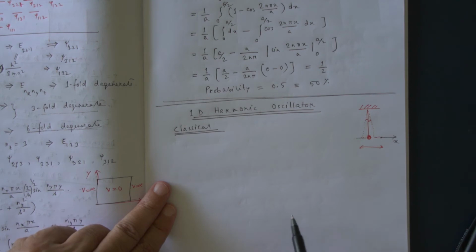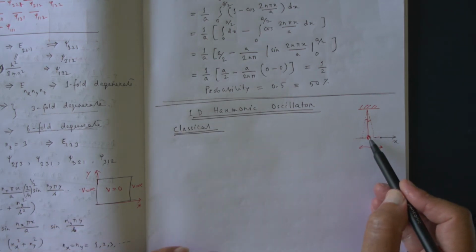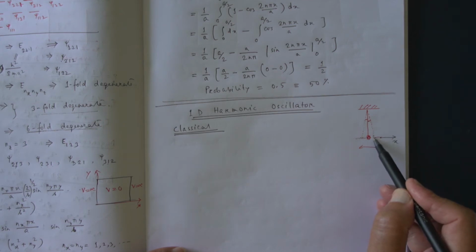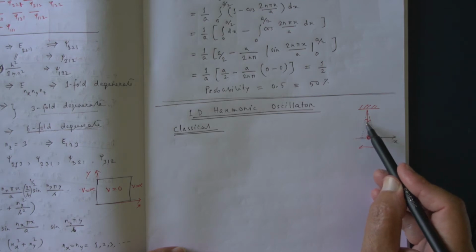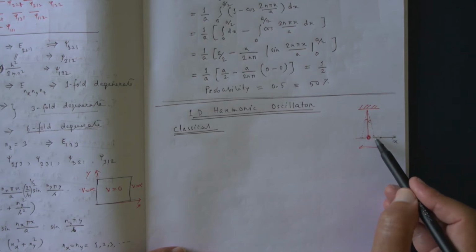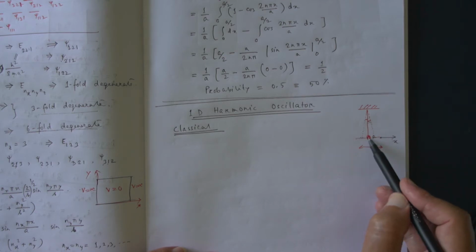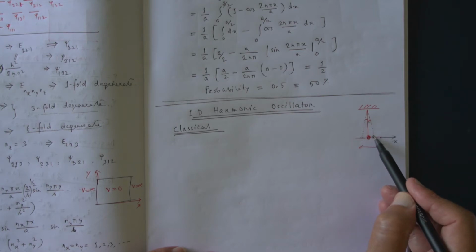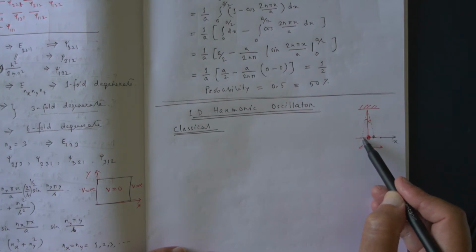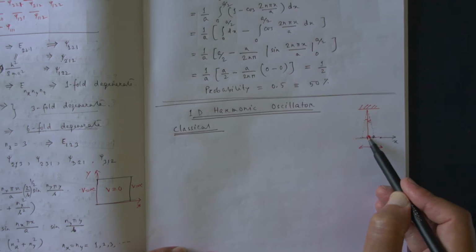Now here you see, when the oscillator comes to the amplitude, at 4 degrees, the kinetic energy is 0 and the potential energy is maximum, because it comes like this, then stops here, then comes back, stops again, and goes back.